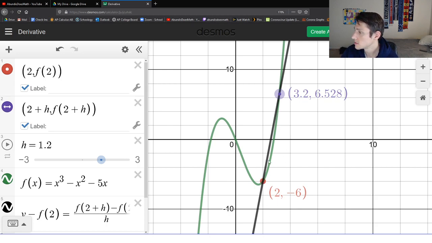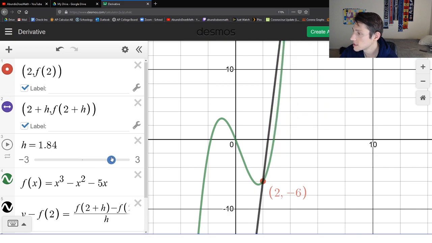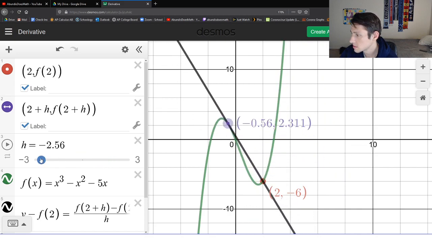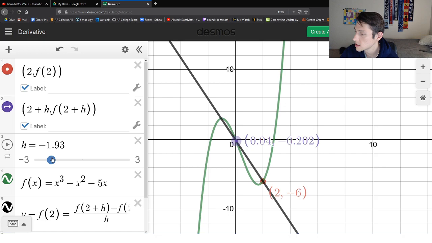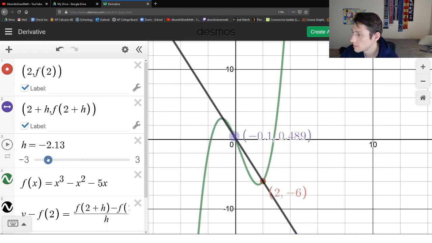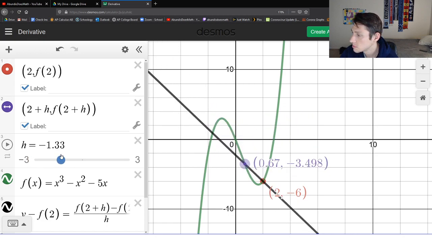If the distance between the x values is h, or from 2 to 3.2, then this is the slope of the line. Depending on how far apart I want the points to be, it could be various things. But the difference quotient tells me the slope of this black line, depending on how far apart the two points are.